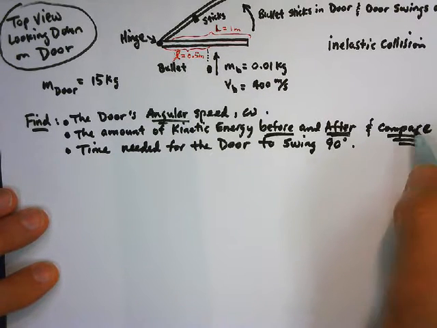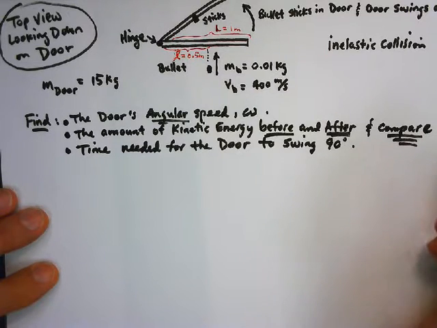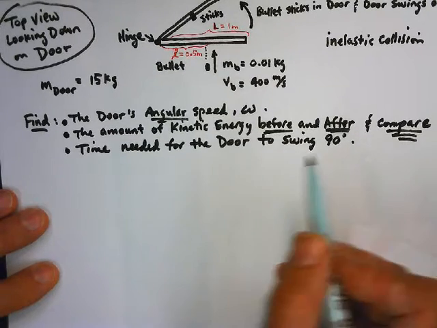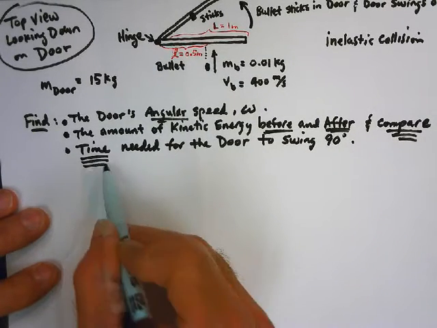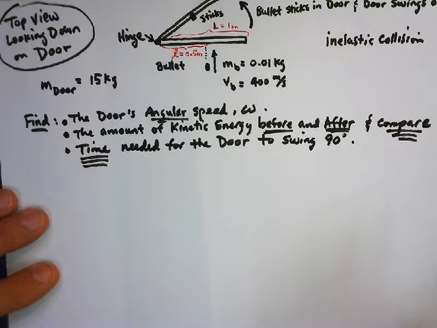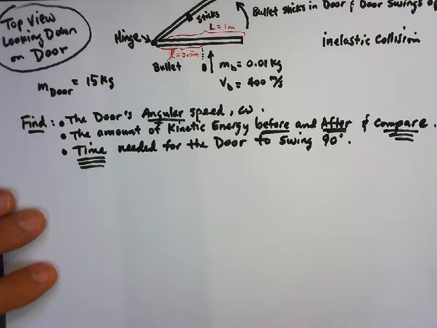And usually when I ask you to compare, that means divide to see how many times bigger one is than the other. I'd also like you to find, or I'm going to show you how to find the time needed for the door to swing 90 degrees. Okay, so those are the questions we're going to address in this video.